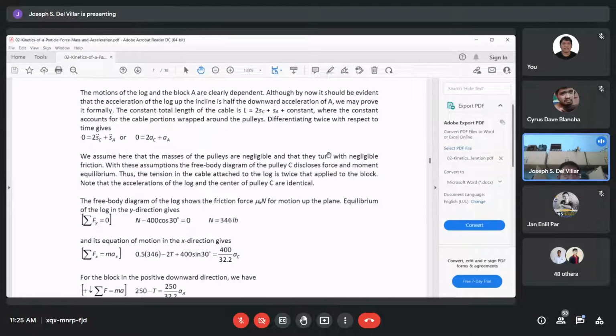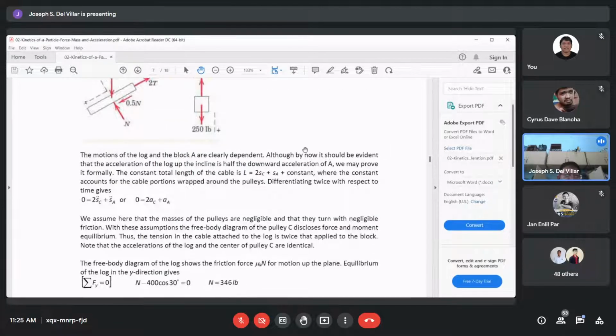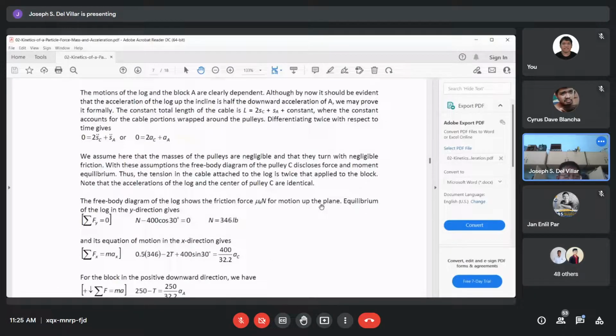When there is motion up, the frictional force is going down. So if we now apply Newton's second law, we have summation of Fy equal to 0, because there is no acceleration along the Y. So the equation becomes zero.